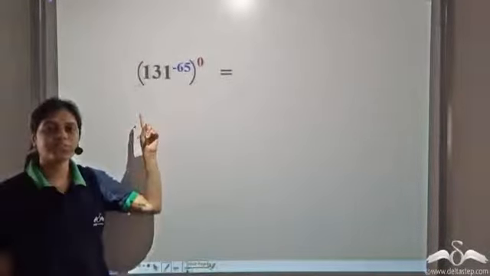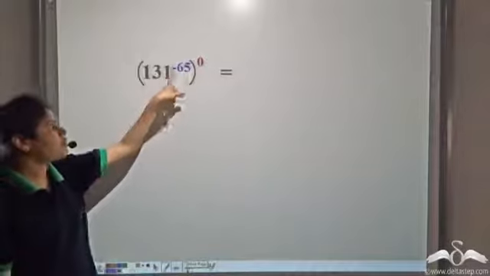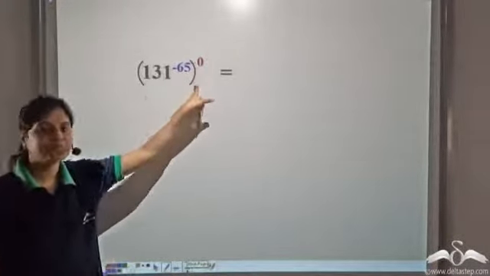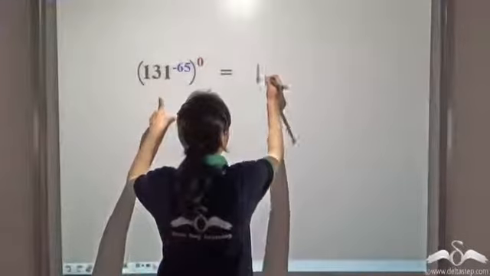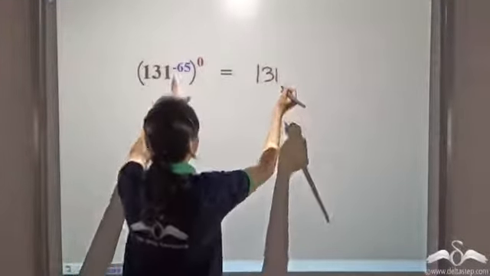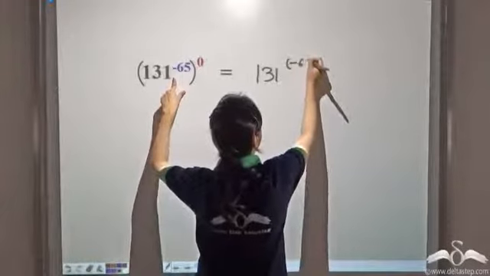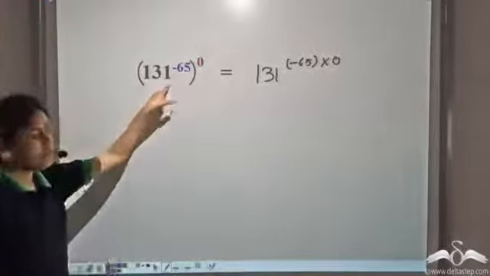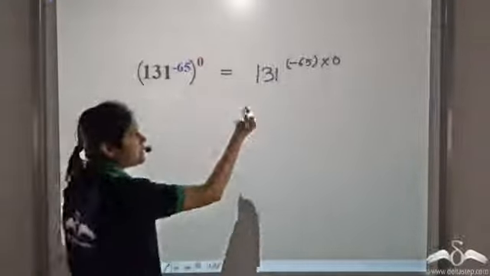Now solve this. This is (131 to the power negative 65) whole raised to the power 0. So this is equal to 131 to the power negative 65 into 0. The exponents should get multiplied.